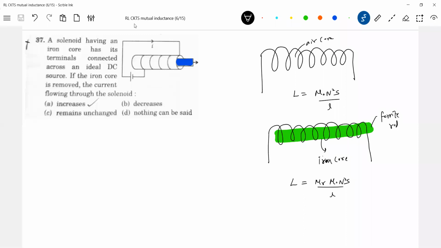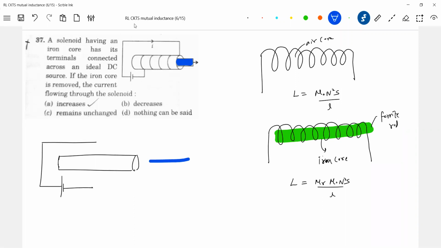So initially current I is flowing, and just after removal, it's a rough diagram that is being shown. Now, what do you expect the current through the solenoid to be?